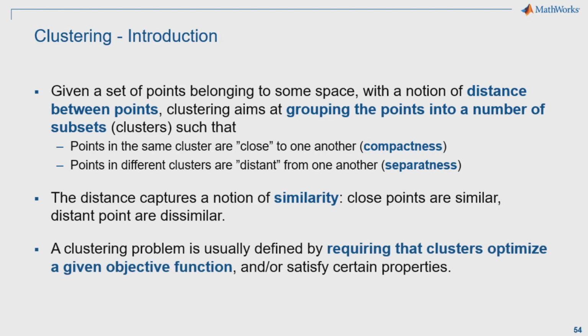A clustering problem is usually defined by requiring to optimize an objective function. Not every time you recognize which is the objective, even though the behavior of the algorithm is very easy to describe.